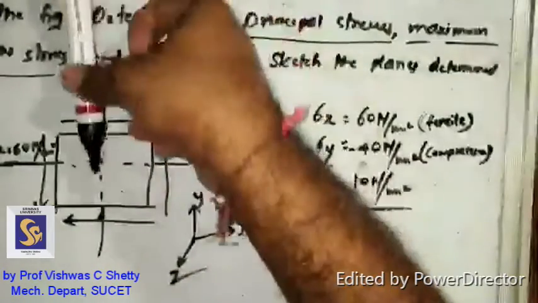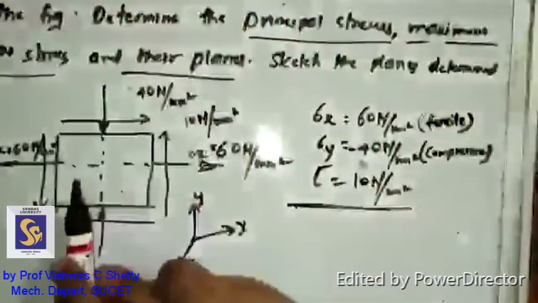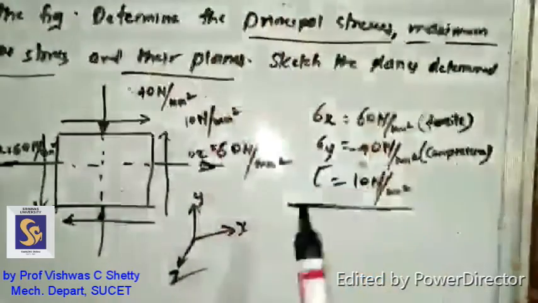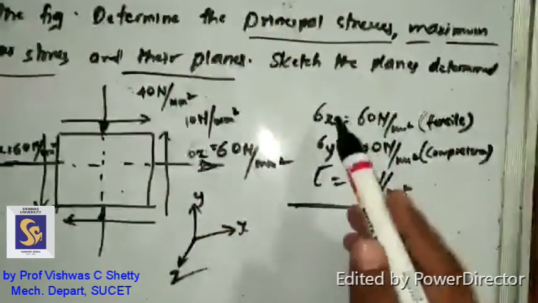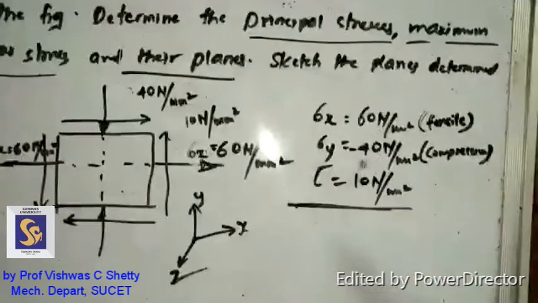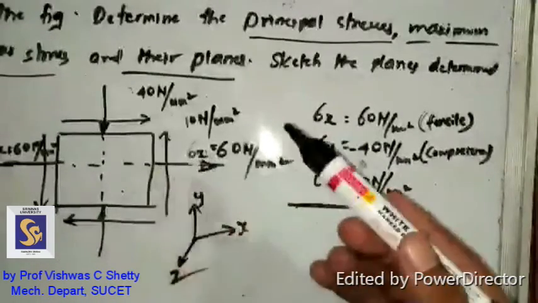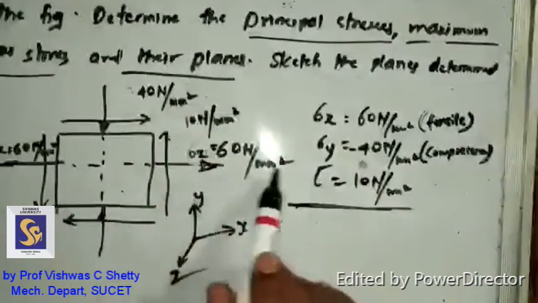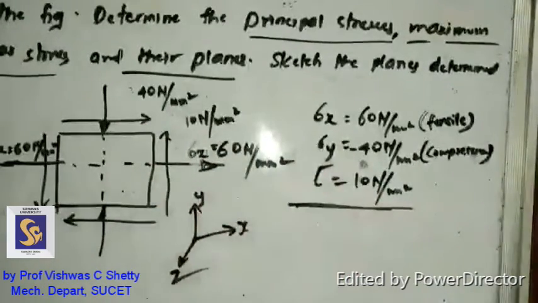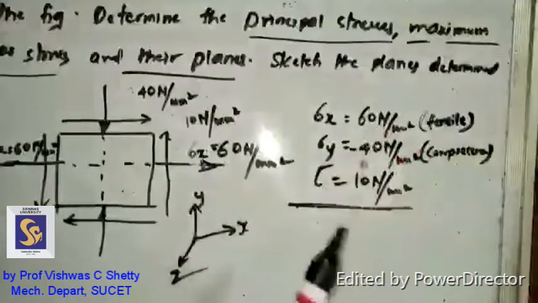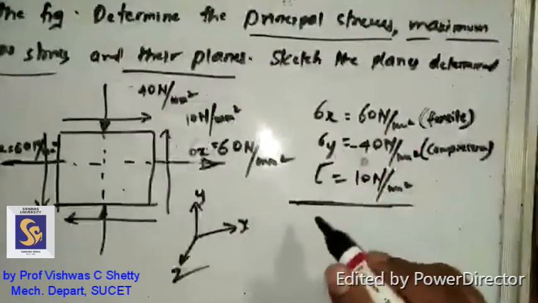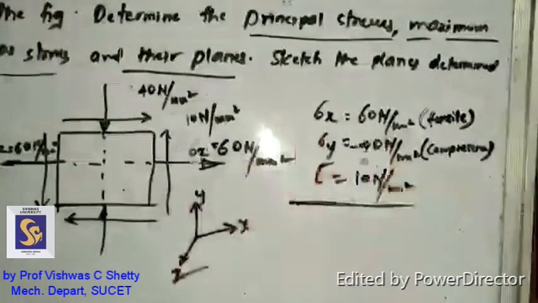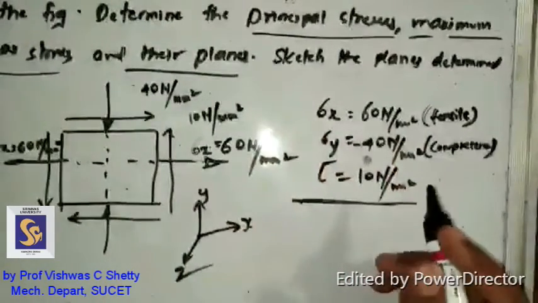It is trying to compress the object, so it is compressive in nature. So sigma x is 60, sigma y is minus 40. Or you can take sigma x as minus 40 and sigma y the other way. You will get the same answer, nothing to worry about. But everywhere follow only one type of coordinate system.